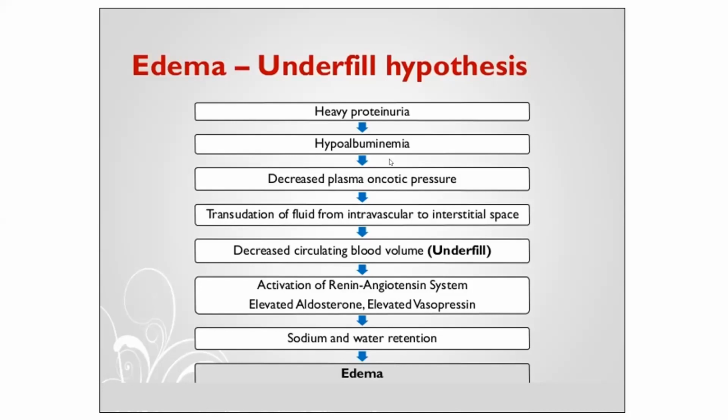And when you have hypoalbuminemia, your plasma oncotic pressure goes down. If you remember your Starling's forces, when your oncotic pressure is low, the fluid is going to get pushed out of the vascular compartment into the interstitial space, and therefore you start developing edema.